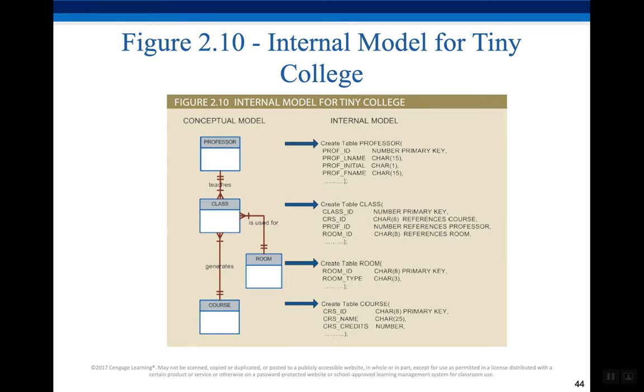So this is taking the conceptual model and creating a table. This becomes closer to what a real database looks like. This create table has the field names and the description, basically the attributes or characteristics of each of these attributes. Professor's last name is a 15-character field. Professor's initial is a 1-character field. All right.